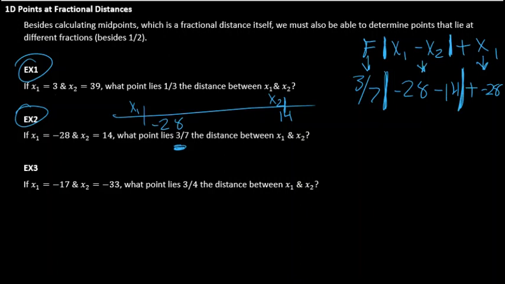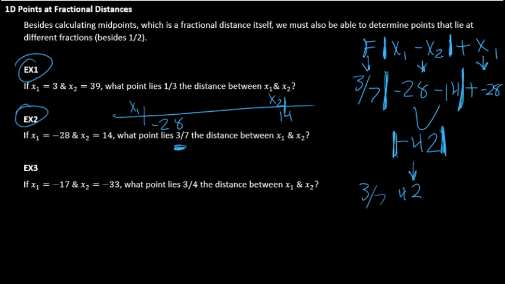So let's go ahead and test this out, and then we'll use common sense to verify if I'm crazy or not. So our distance, negative 28 minus 14, that's going to give me negative 42, whose absolute value, of course, is then just 42.